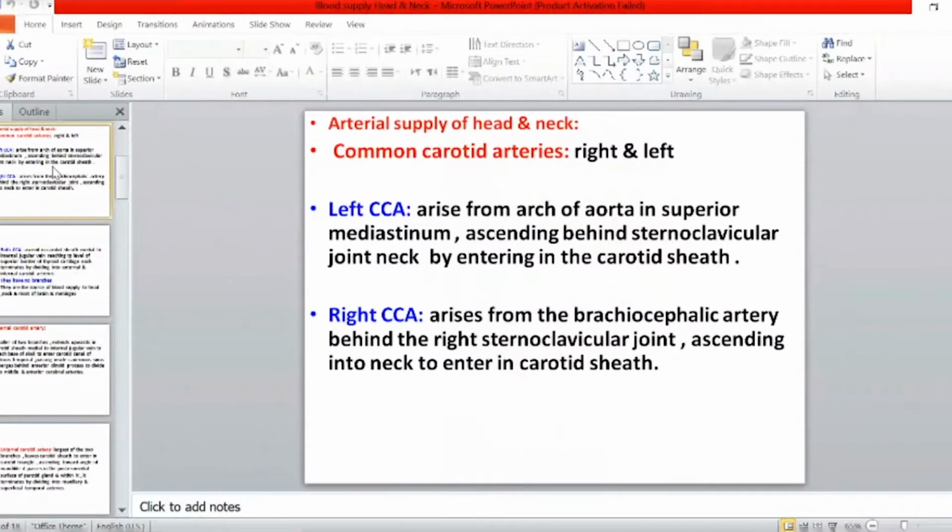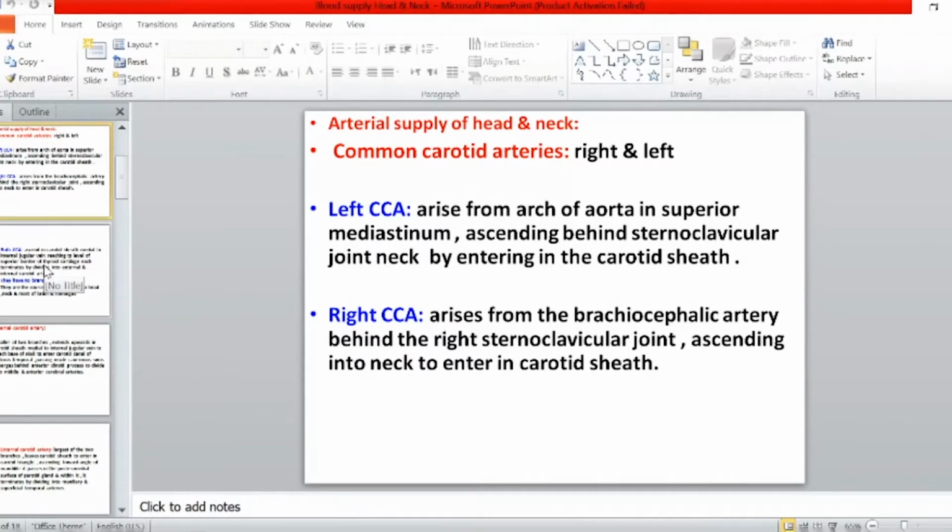So the arterial supply of head and neck is from the common carotids. The left common carotid arises from the arch of the aorta in the superior mediastinum of the thorax and ascends behind the sternoclavicular joint into the neck, entering the carotid sheath. The right one arises from the brachiocephalic artery behind the right sternoclavicular joint, ascending into the neck to enter the carotid sheath.